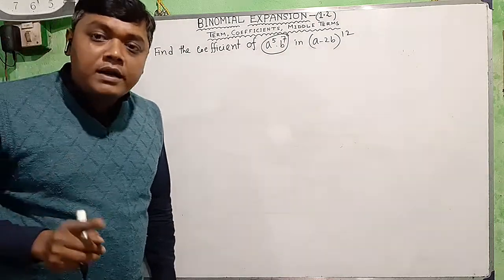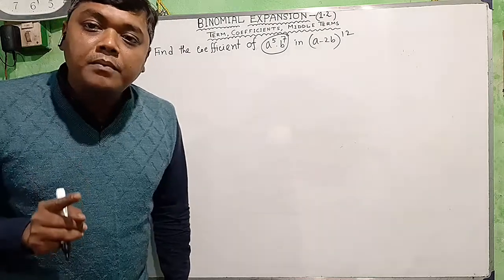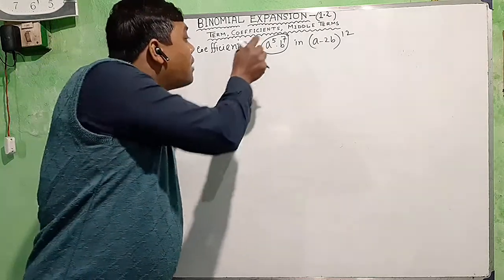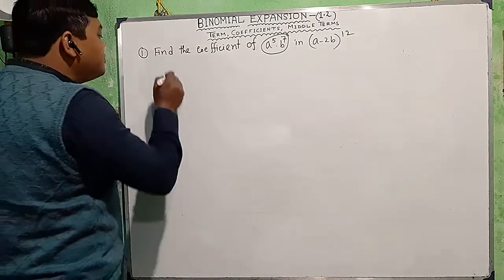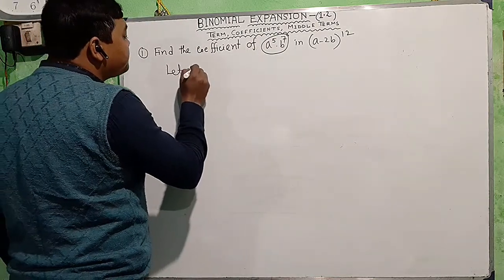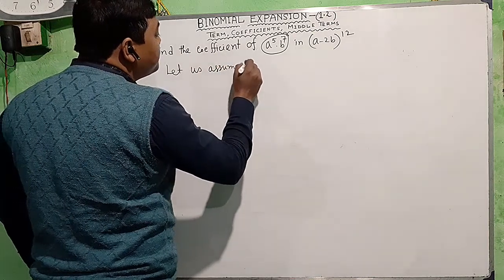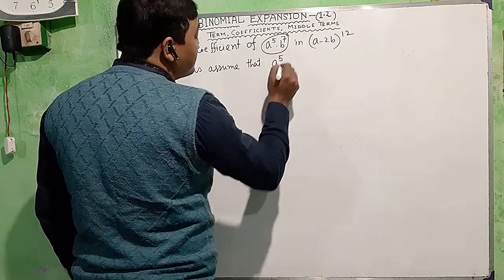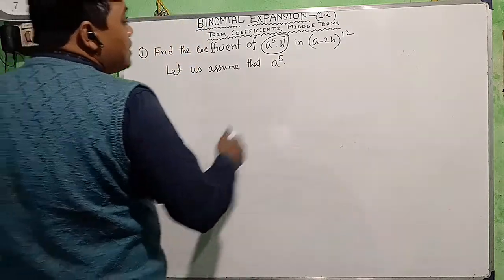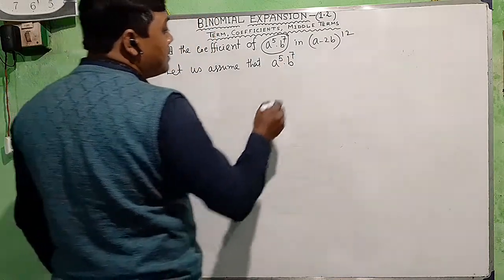So that's why let us assume that the (r plus 1)th term contains this expression, a to the power 5 into b to the power 7.